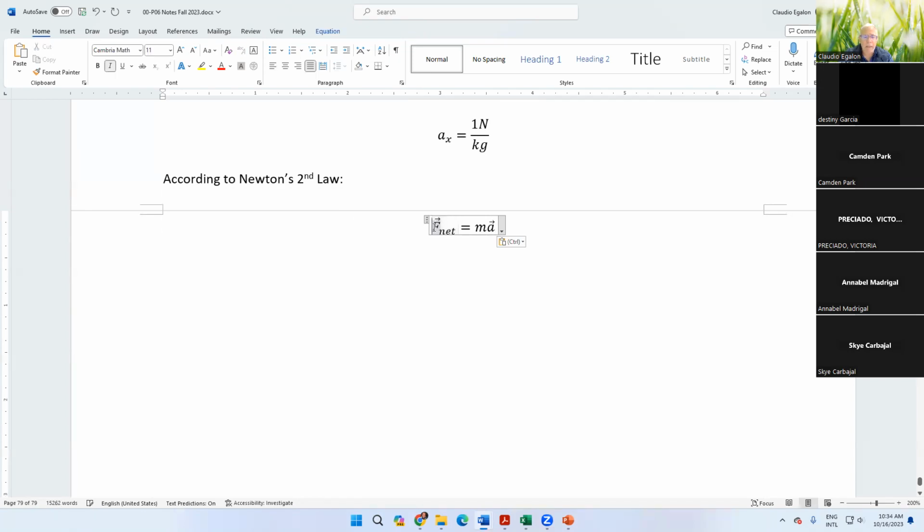I'm going to take out the vectorial symbol, to make it easier for us to see what I want to express here.